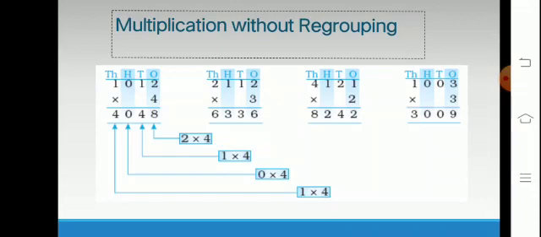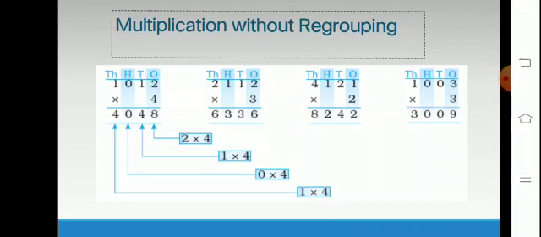Then move further. 4 multiplied by 1 is 4. Write 4 here. 4 multiplied by 0 is 0. Write the product here. 4 multiplied by 1 is 4. So write 4 here. See, there is no number carrying over to another number.